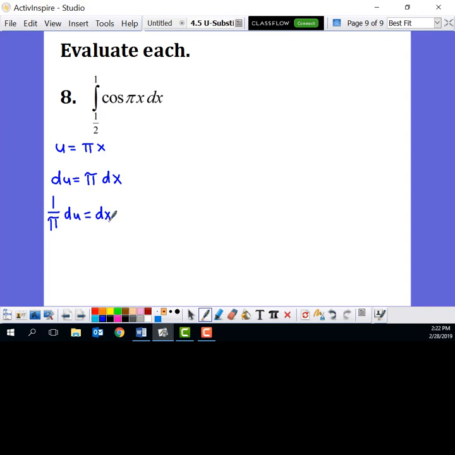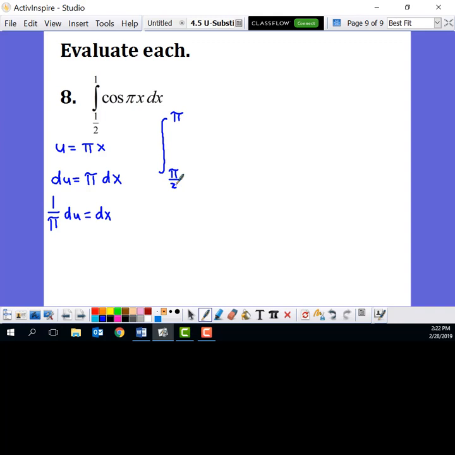So now I can rewrite this integral, okay? And I'm going to go ahead and adjust my upper and my lower bound. So my upper bound, when I plug a 1 in for x, is just pi. And my lower bound, when I plug a 1/2 in for x here, I get pi over 2.